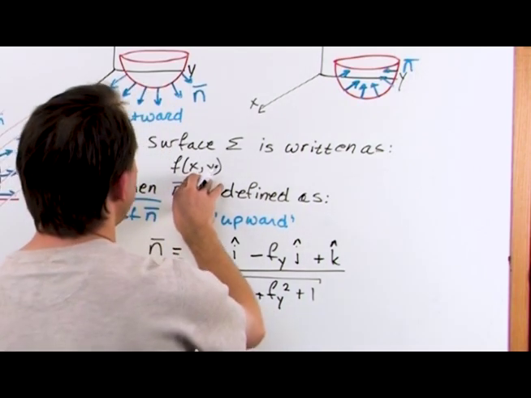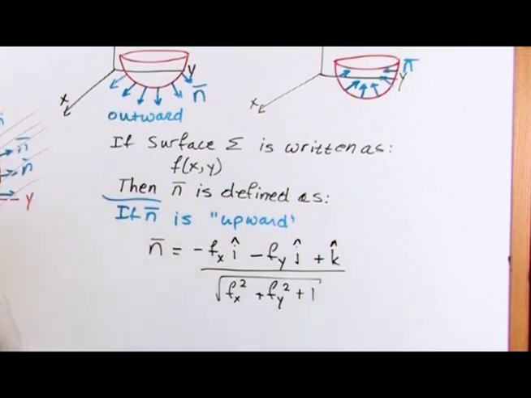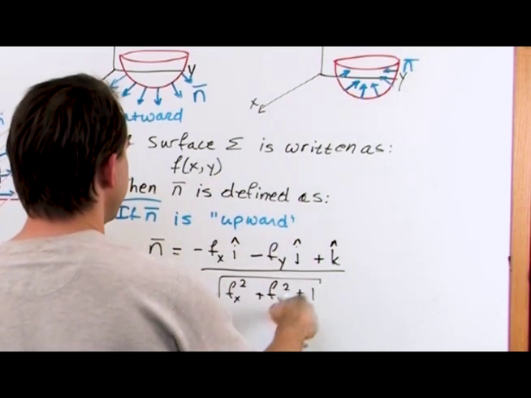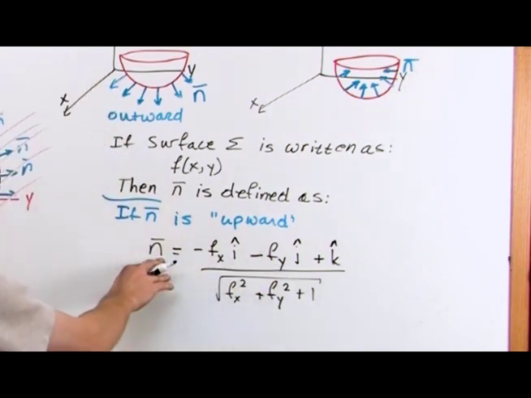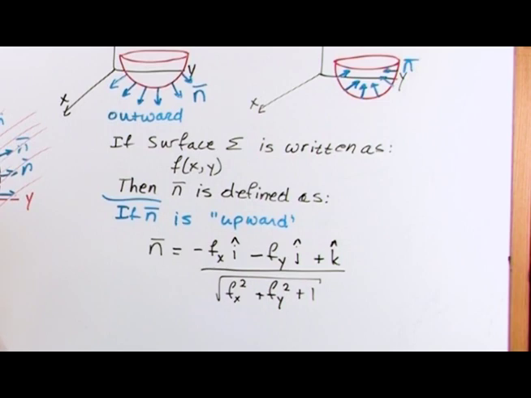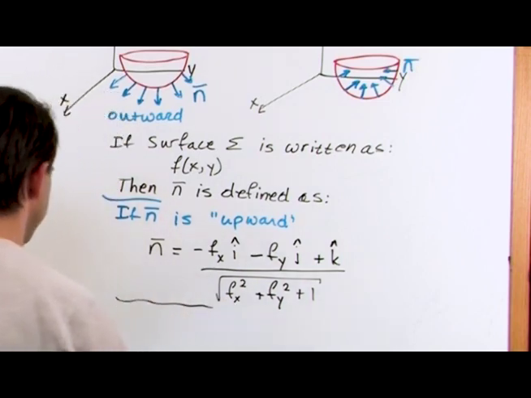If you're given a surface, which is what we were doing in the last section and this section, then all you can do is take the partial derivatives, put them in here, and that's going to give you a normal vector at every point along the surface. It's always going to point perpendicular up, out of the surface.